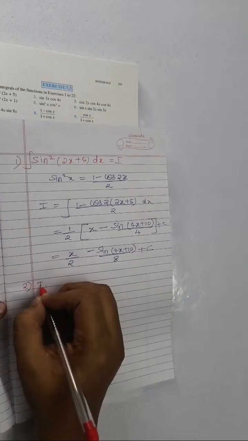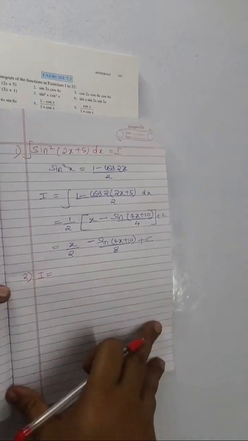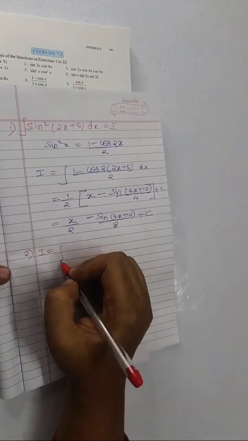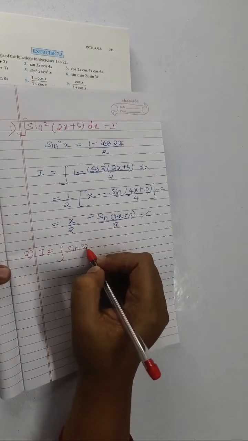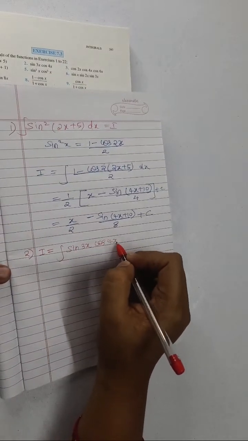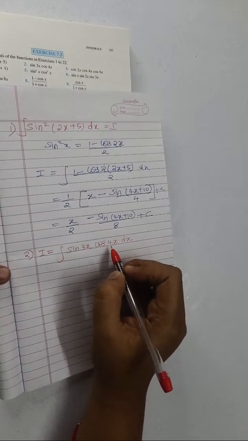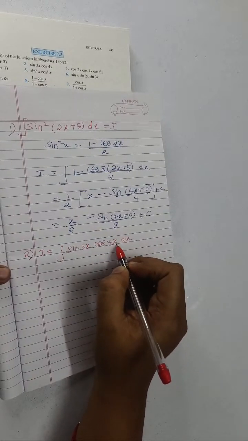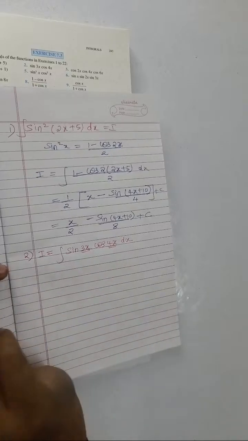Next, question number 2, I equal to integral sine 3x cos 4x dx. First rearrange the terms with the greater angle first.